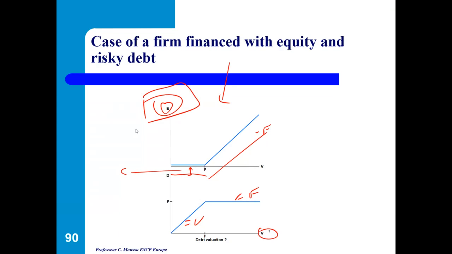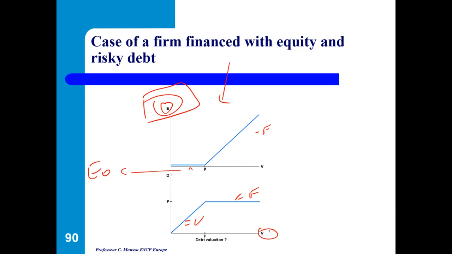The premium is E0. That's what you pay to have access to E at t equal 5.